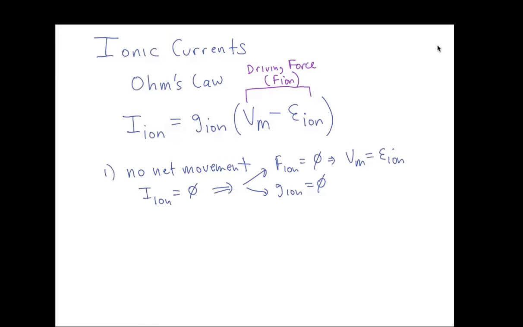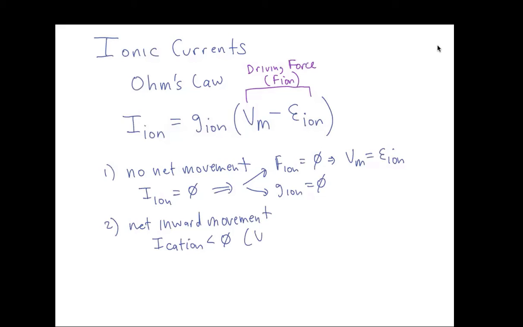Now, what if we have a net inward movement? In this case, we have to think about cations and anions differently. So the way this works is that if I have a cation, if the current is a negative value, and this is by definition now, for negative currents for cations, that means that the cation is going in.